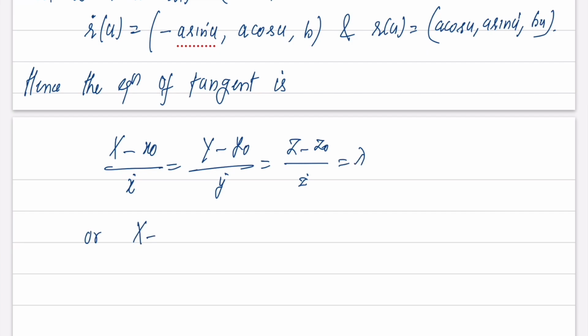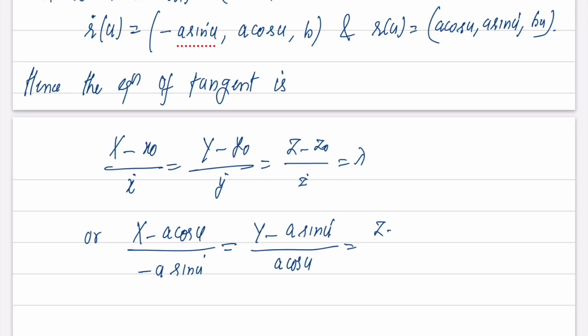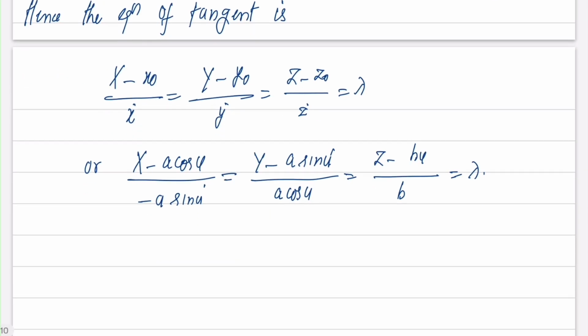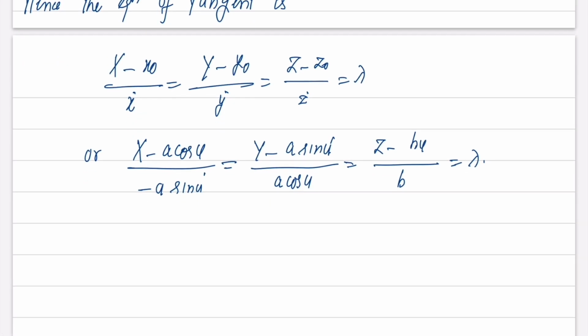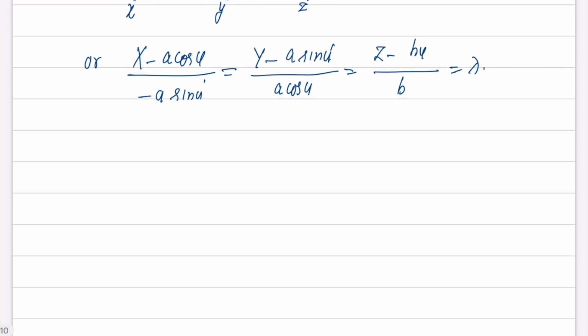Now x minus x naught is a cos u divided by x dot, which is minus a sine u, equal to y minus y naught, that is a sine u, divided by y dot, which is a cos u, and z minus z naught is bu, divided by its derivative, that is b, equal to lambda. So therefore this is the equation of tangent to a right circular helix at the point a cos u, a sine u, bu.